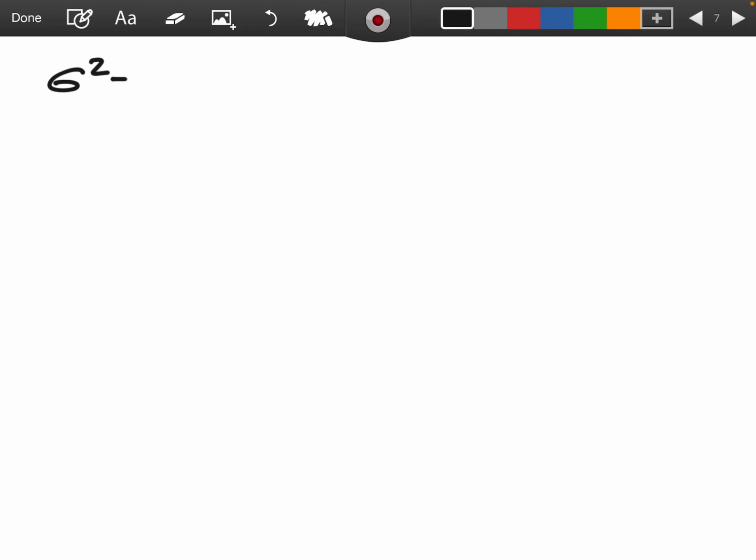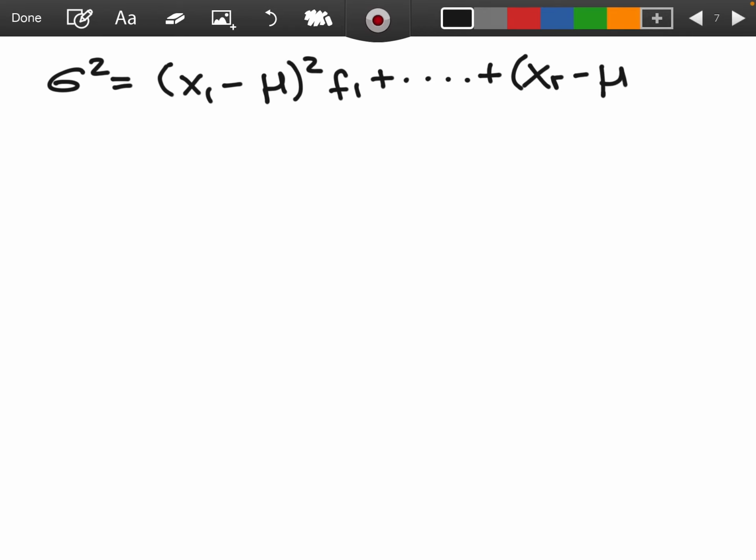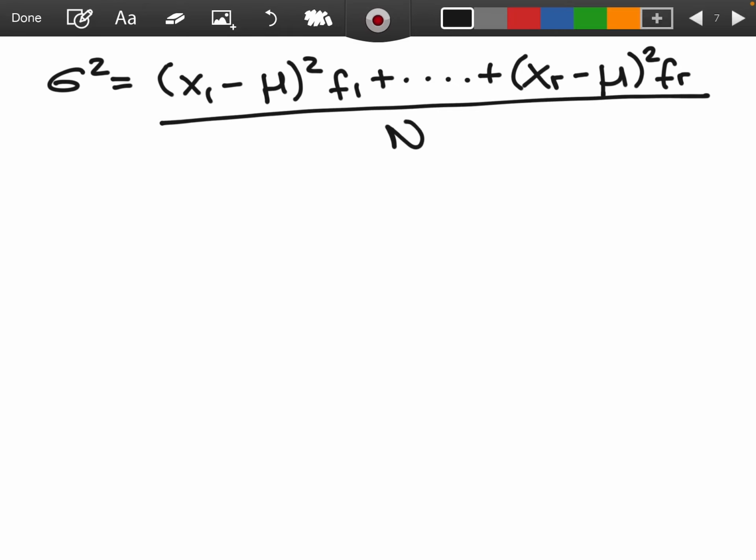So the variance in this case is going to be x1 minus the mean squared times the frequency. Add all of these together for each of your r outcomes, and then divide it by the sum of the frequencies added together, which is going to be the number of things in your population. So n in this case is just going to be the sum of all of your frequencies, the number of things in the population.